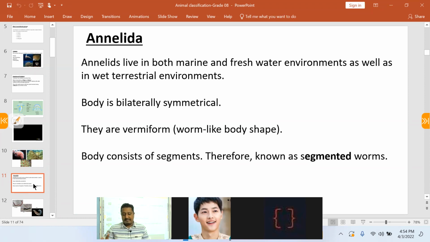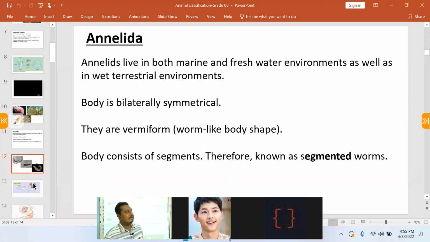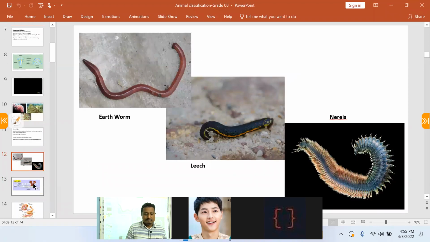All the members belonging to Annelida have a rounded body. We call it a vermiform body. What are the examples for Annelida? Earthworm. Earthworm lives in the soil.